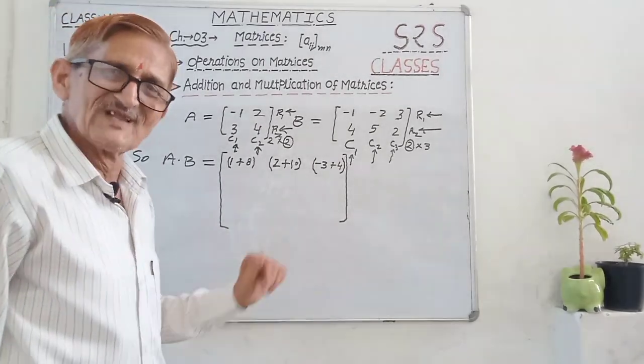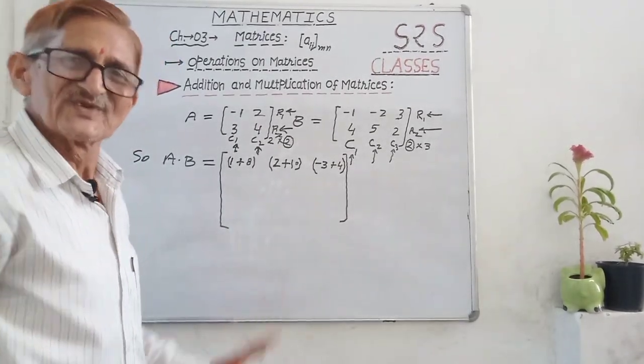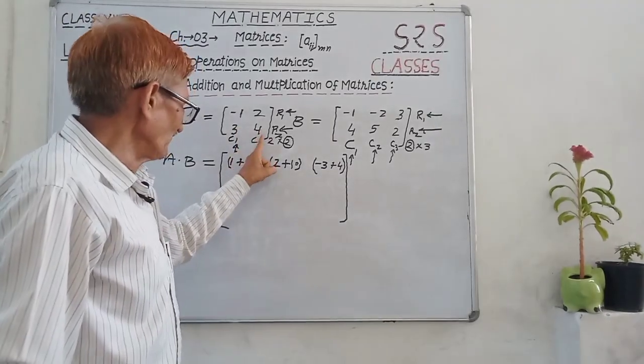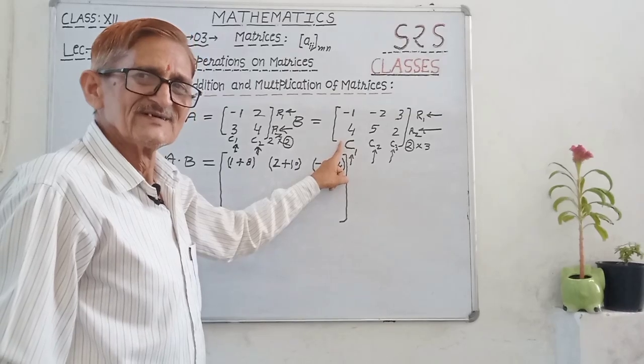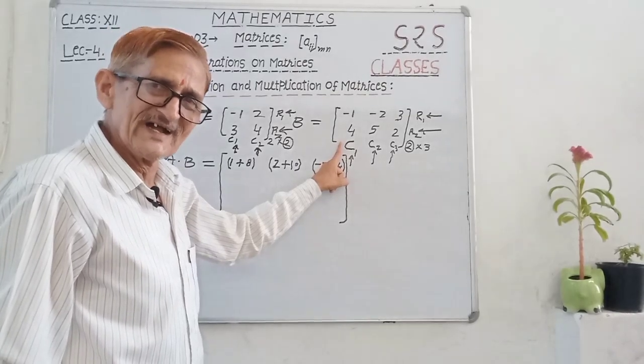Now second row similarly we have to do. So second row is 3 4 with first column minus 1 4, corresponding elements, and add.